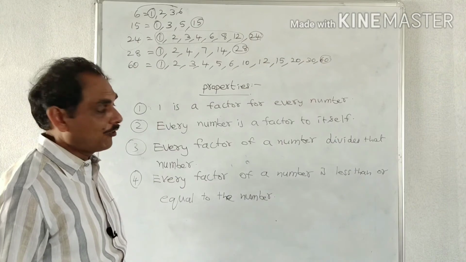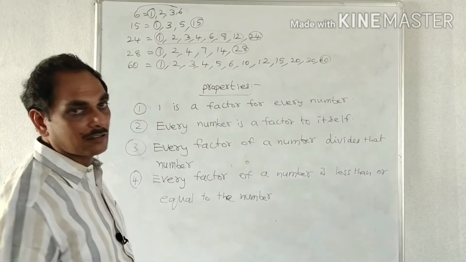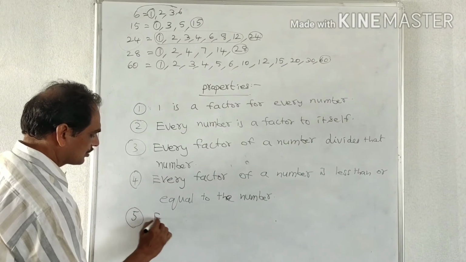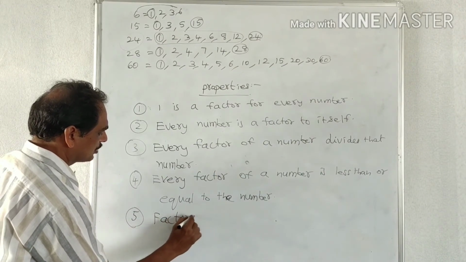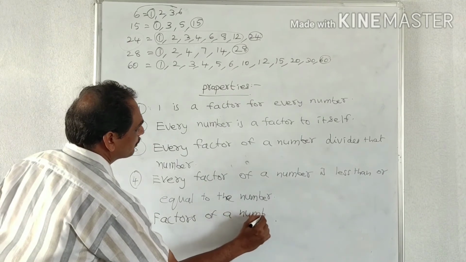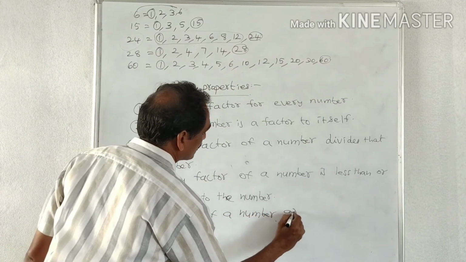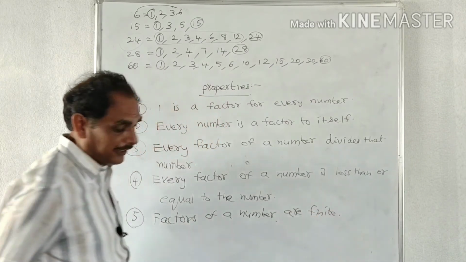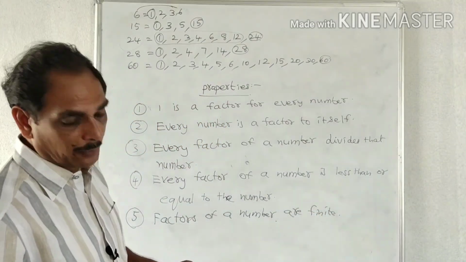Next, fifth, factors of a number are finite. Finite means limited, countable numbers.